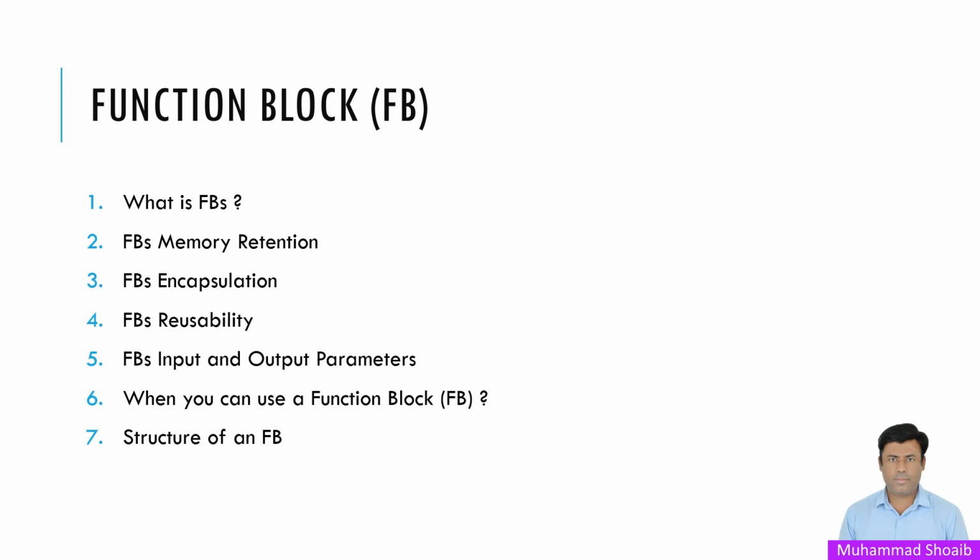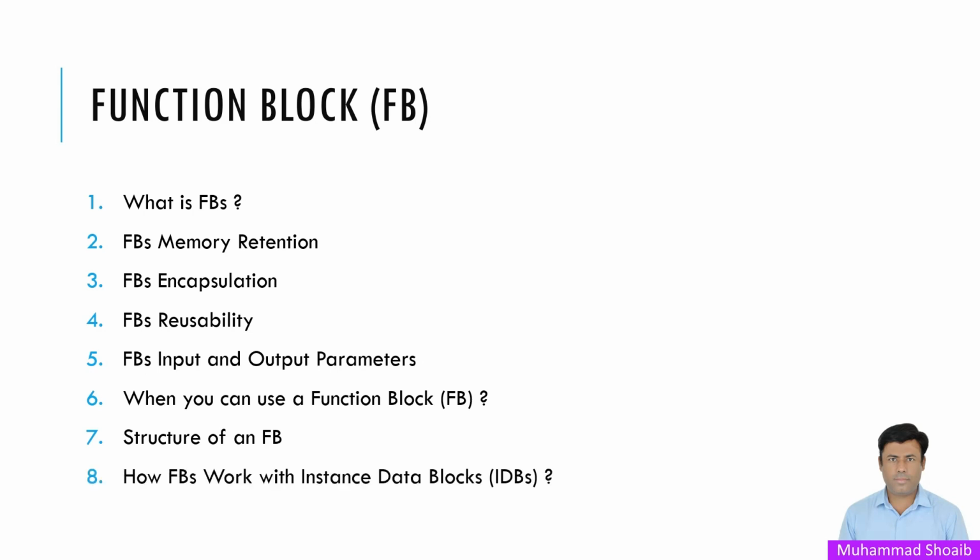Then the temporary variables are used only within a single execution of the FB and do not retain their value. We usually use them for calculation purposes, like immediate calculations of some values in one cycle that we have to reuse.